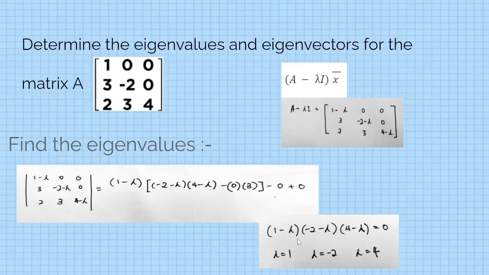As you can see here, we can get the value of lambda from this equation. We get lambda equals 1, lambda equals -2, and lambda equals 4. Next, after we find the eigenvalues, we can find the eigenvectors.